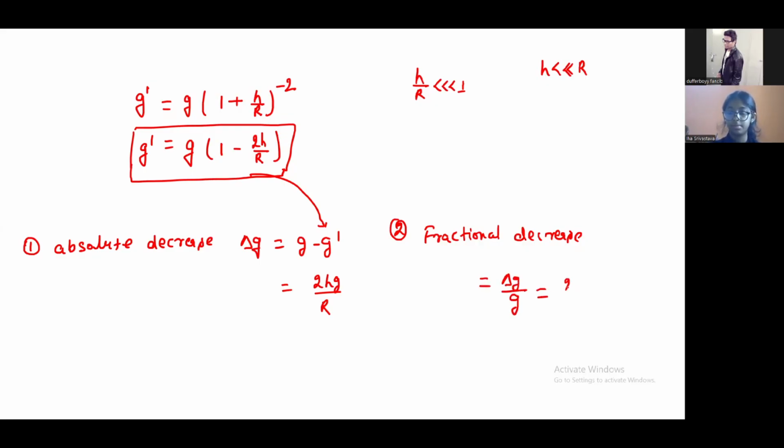So we get 2h by R, because g cancels out here, delta g divided by g, so 2h by R. If anyone asks you the percentage decrease, you can write delta g by g into 100, so you get 2h by R into 100. So take the screenshot first and then I will continue.